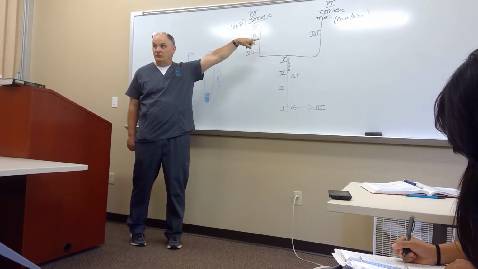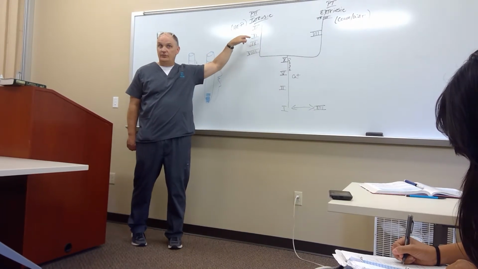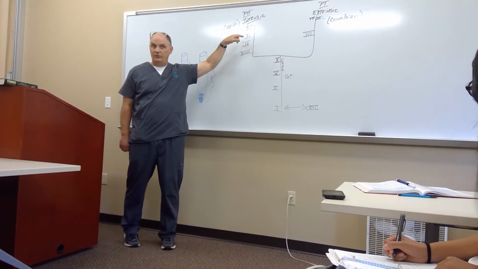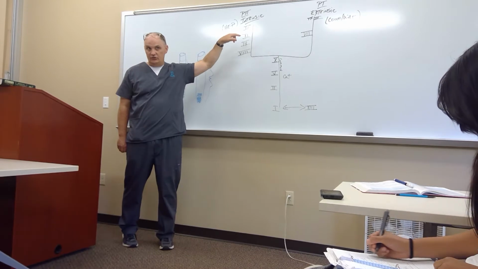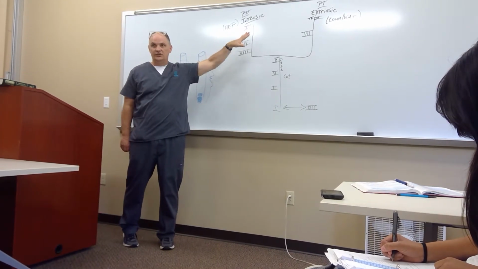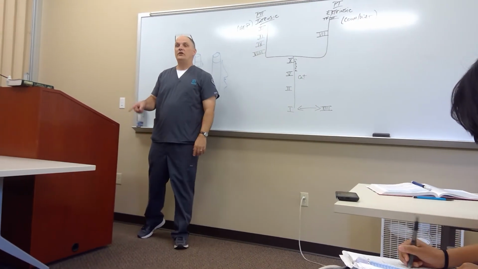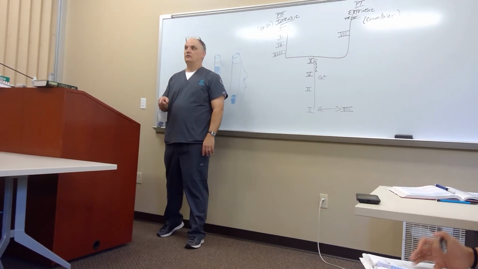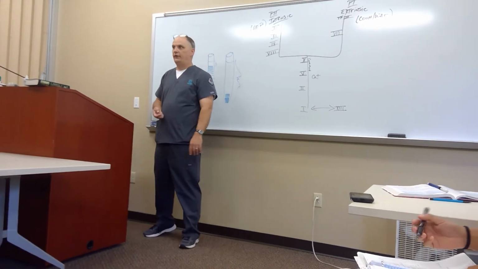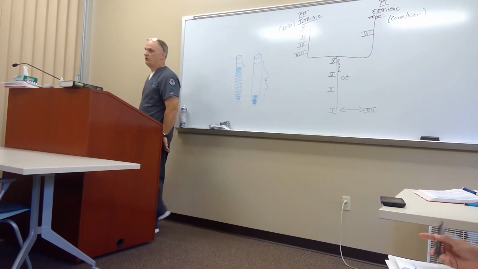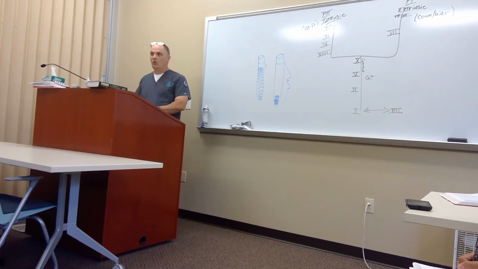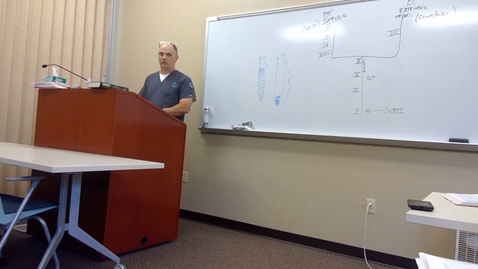PTT, right? Pro time should be okay, but the PTT should be elevated, right? Everybody with me on that? What about hemophilia B? Which results should be elevated? The same. What's the number one reason people die from hemophilia A? Intracranial bleeding. I said that about 3 times and it's on a review question. No one had better miss that question, okay?